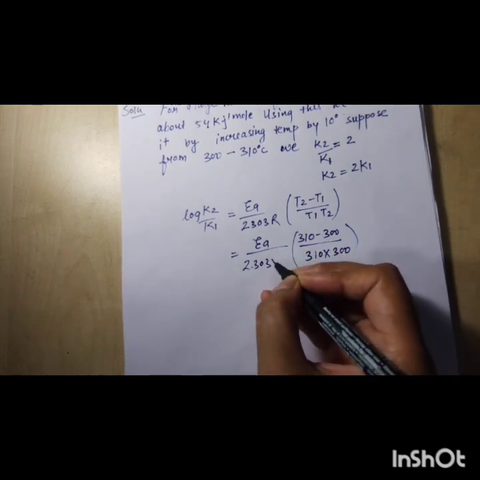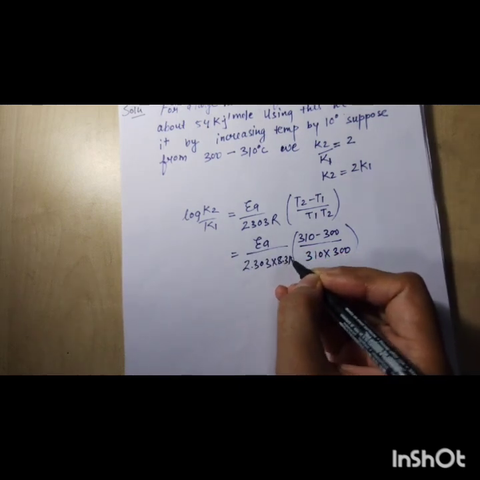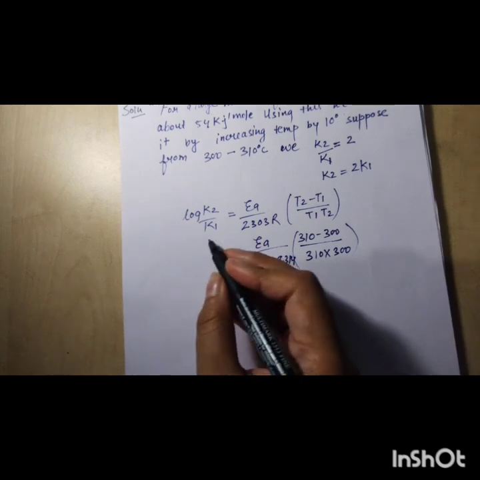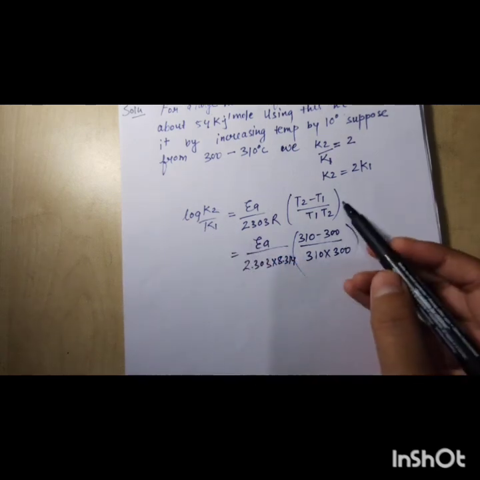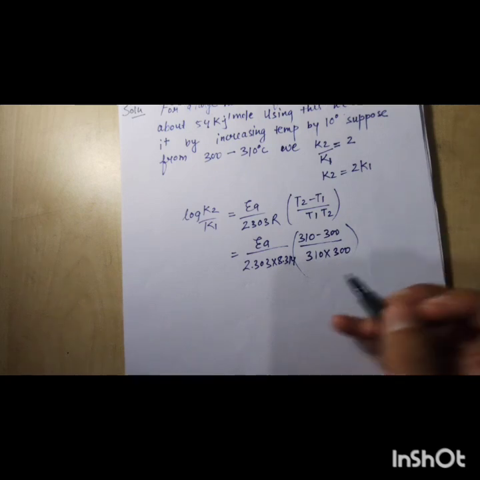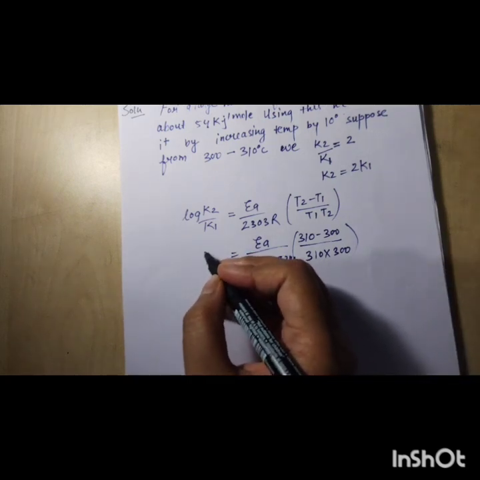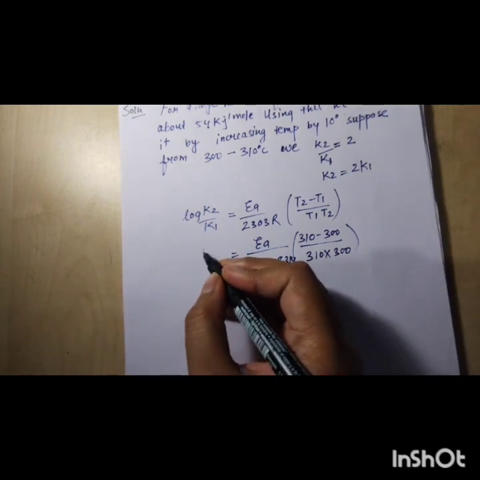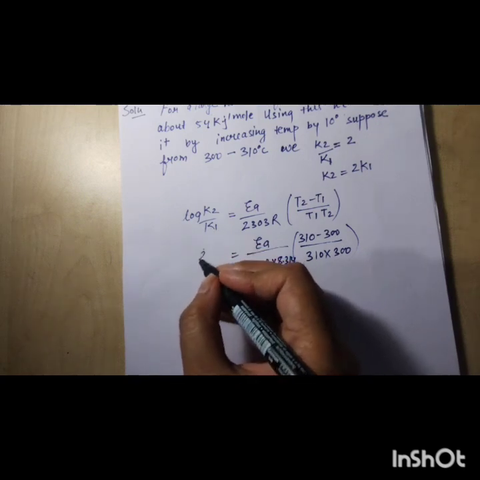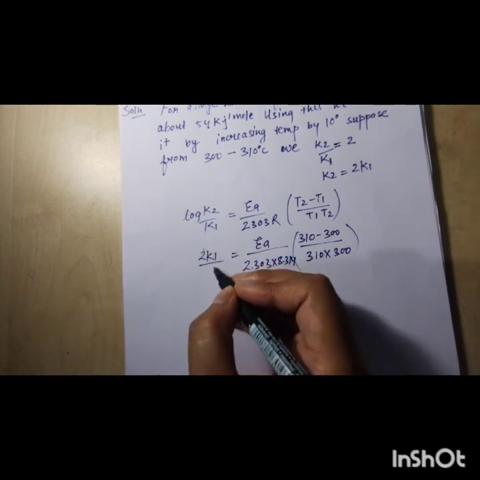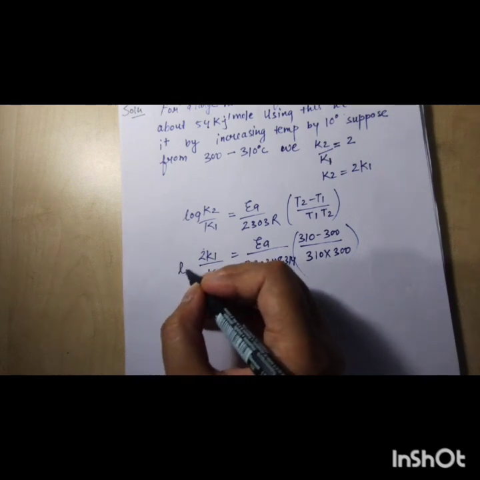(2.303 into 8.314), and here we take log K2 is equal to 2K1, means K2 we will write like this, 2K1 by K1 log.